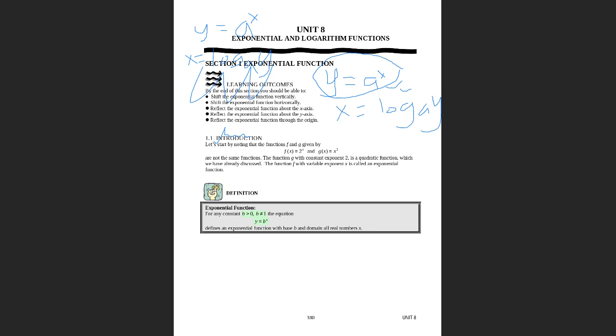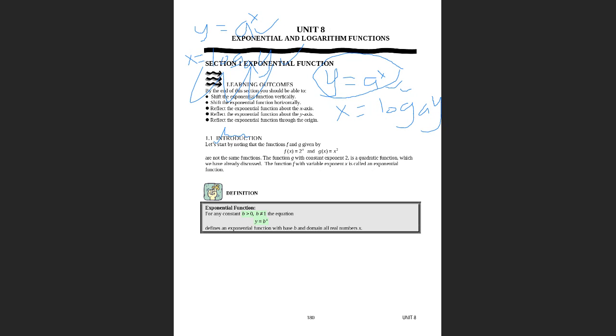If you are asked to find the inverse, you just interchange x and y. The two are the same thing. This is when it is in exponent form, and this is when it is in logarithmic form.